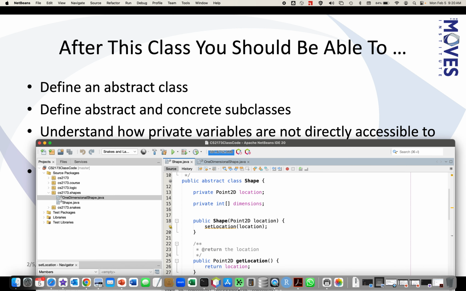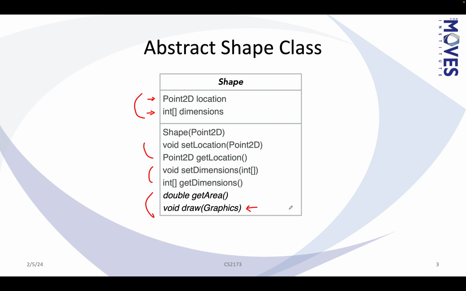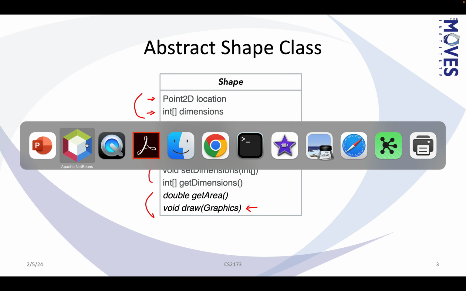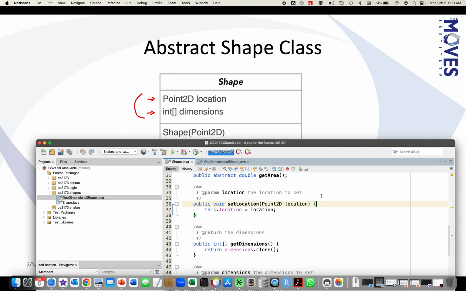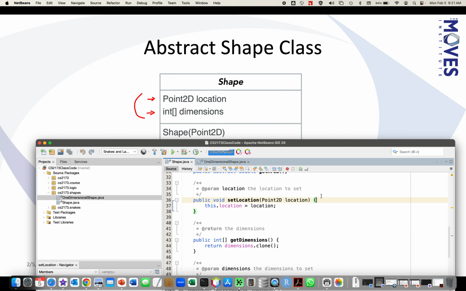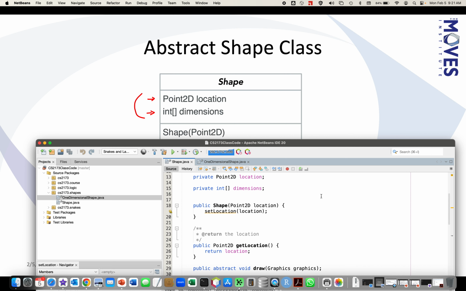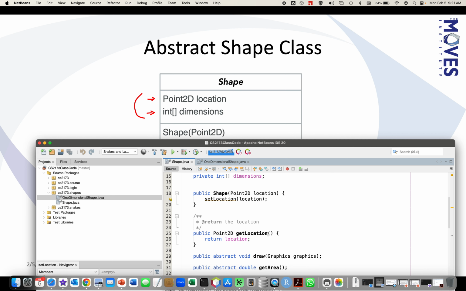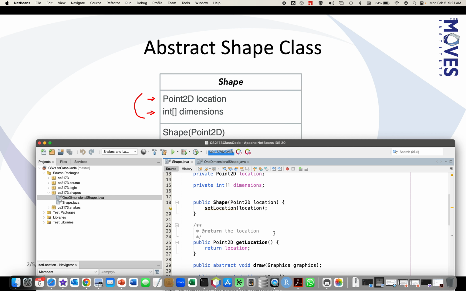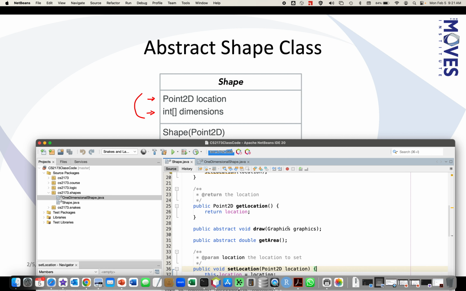Here's the shape constructor. In the constructor, I set the location, and set the location, get the location, that's fine. Here's how we define the abstract method. So here's the abstract method draw, and it uses this thing called graphics. We'll get into that, and then the get area.